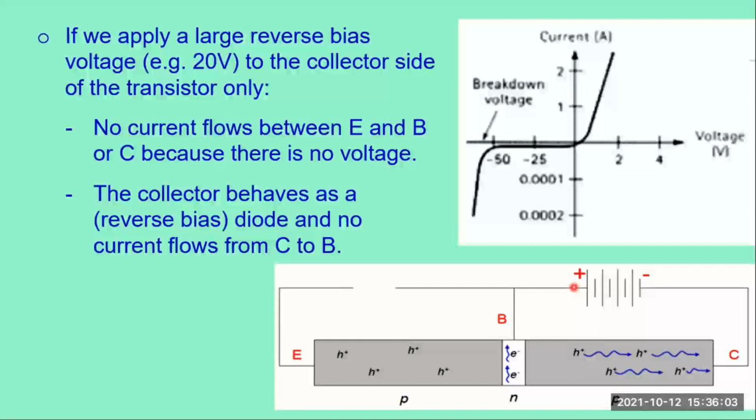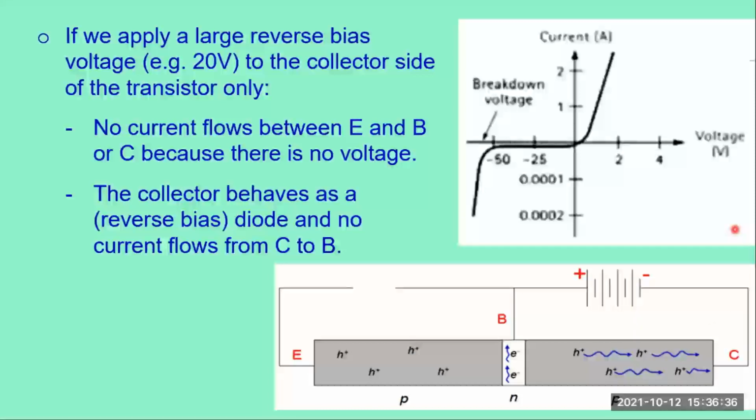In this case, no current flows between EB and EC because there is no voltage there, and the collector behaves as a reverse bias diode, and therefore there will be no current flow from C to B. This is due to the reverse voltage which has been applied.